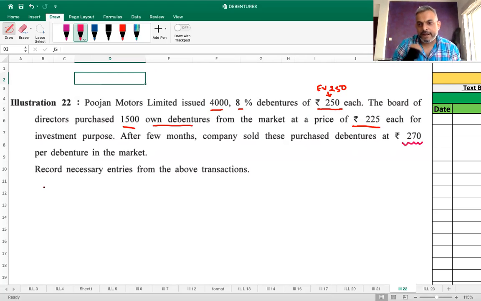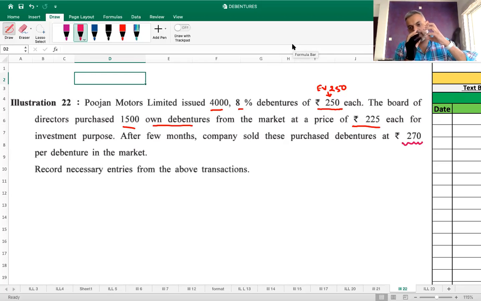Pujan Motors Limited has issued debentures. People like you and me have purchased the debentures. Now these debentures get traded in the stock market, and they have their own prices every day based on demand, supply, and other factors. So now what is happening? My debenture of rupees 250 is available at 225.